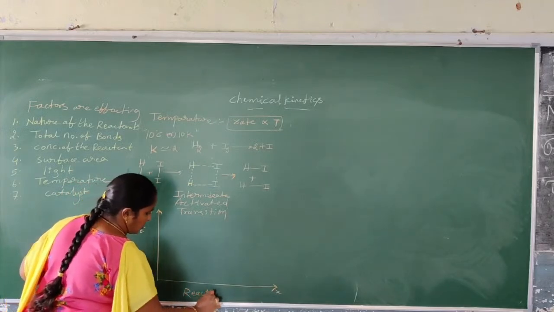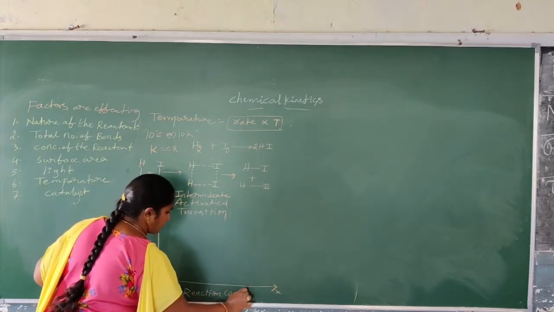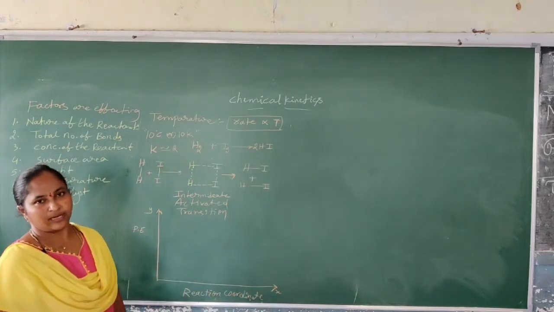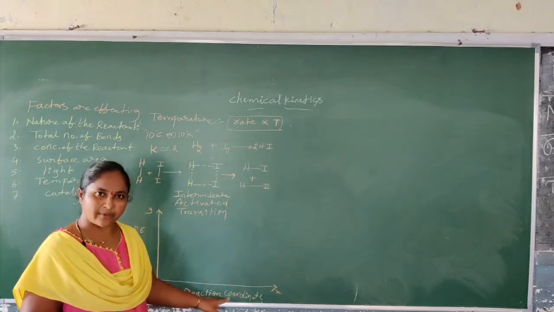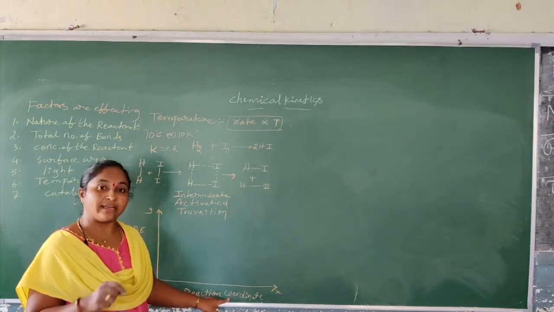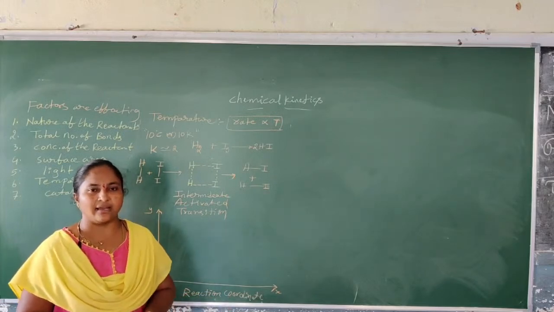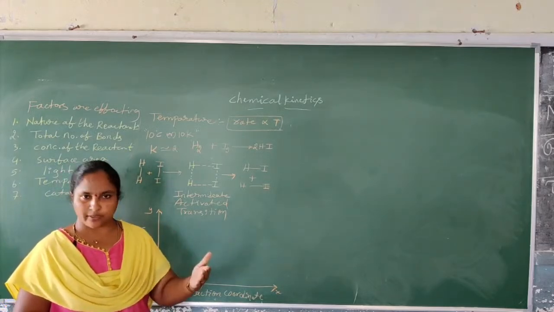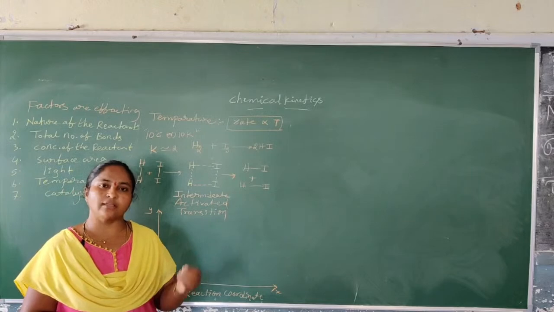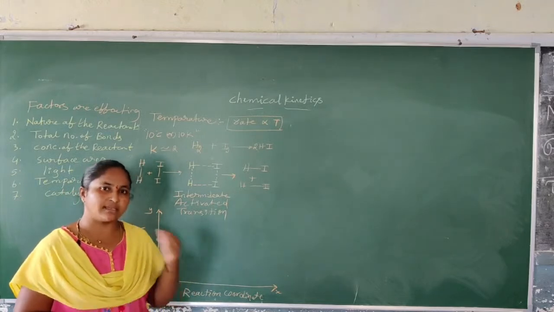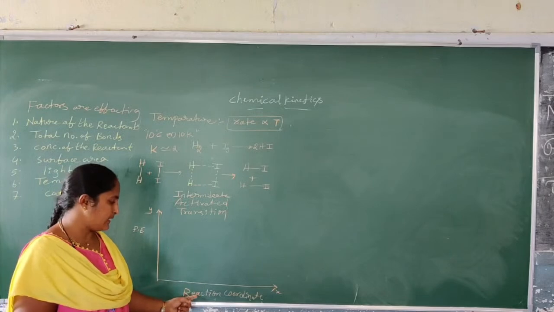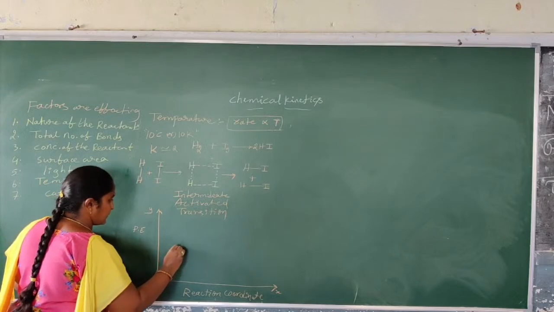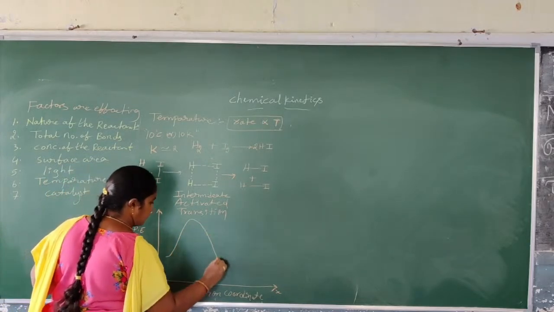What is the meaning of reaction coordinate? Reaction coordinate represents the profile of energy change. It indicates the energy change when the reactants are converted into the products. How the energy changes take place can be represented by the reaction coordinate.